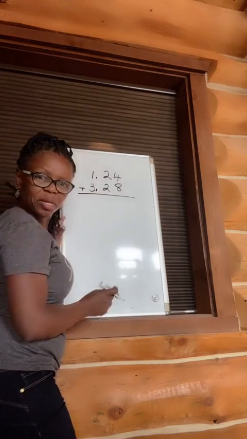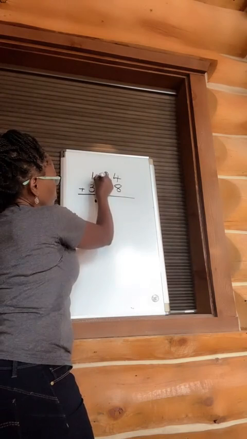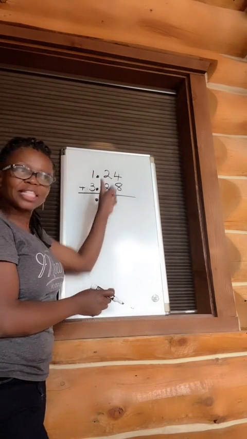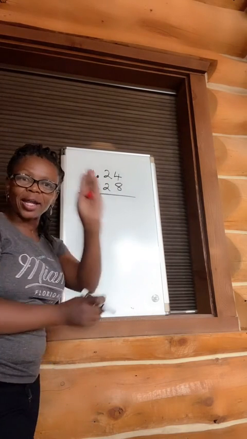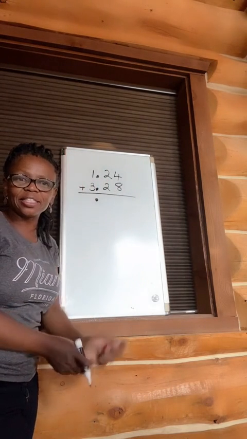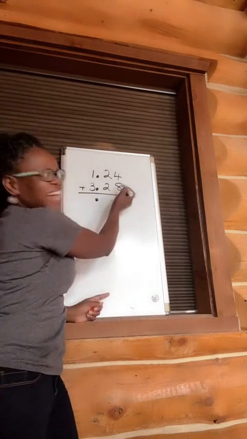This is what they mean when they say bring it down. When we add, we do bring it down because the decimal points have to align. They have to be in a line. So now let's add.